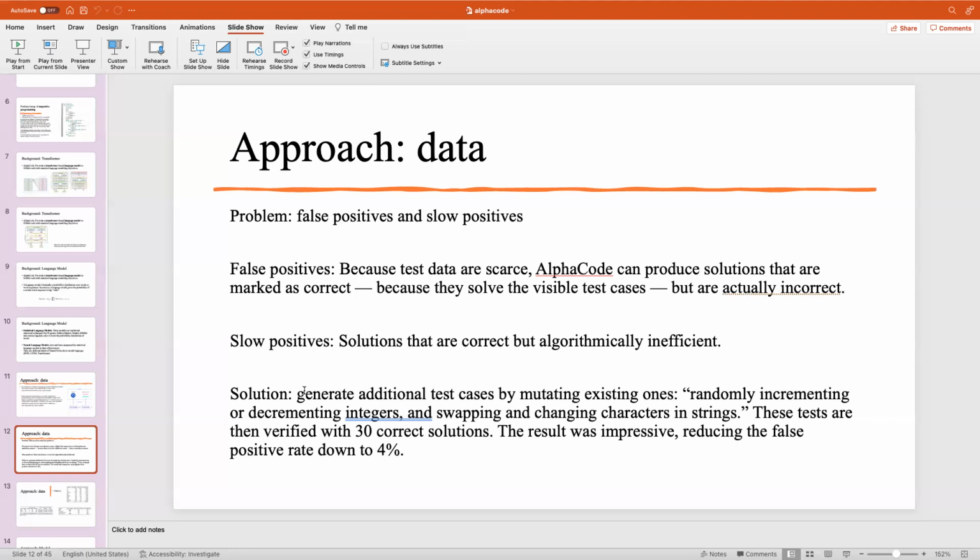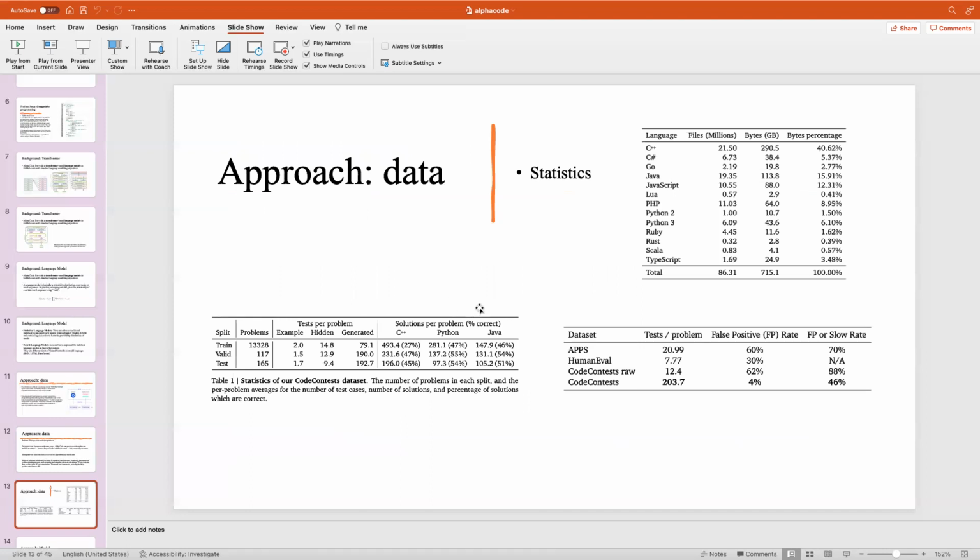So the result is pretty impressive. The simple solution actually reduced the false positive rates down to 4%, which is very important. So after the verify process, the data set has a very high quality. Here are some statistics of the data set. The table on the left is the statistics of the CodeContests data set.